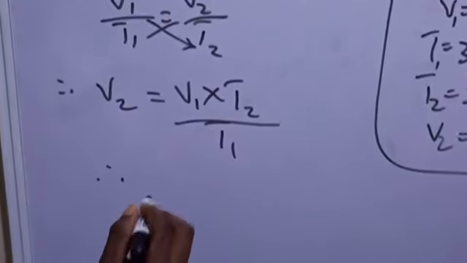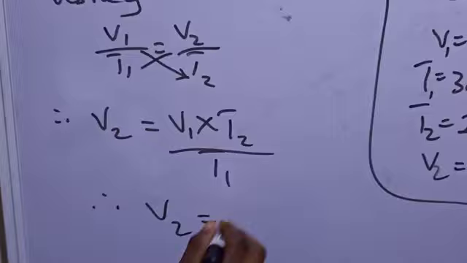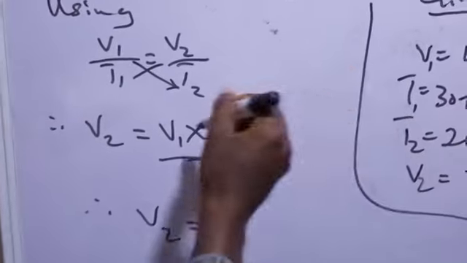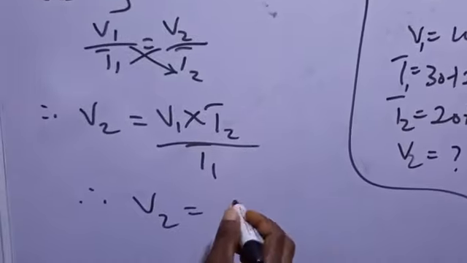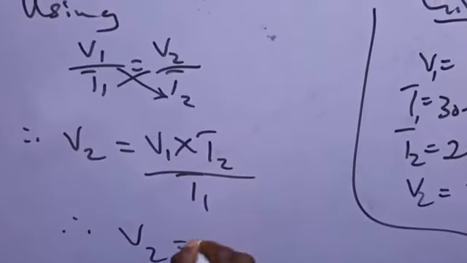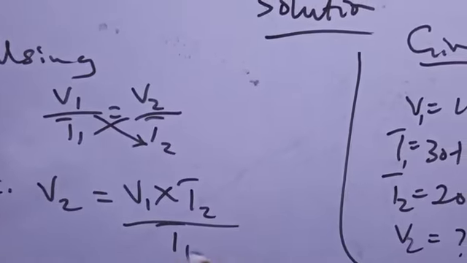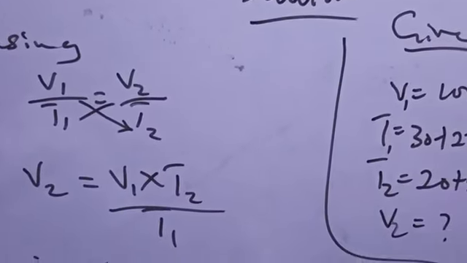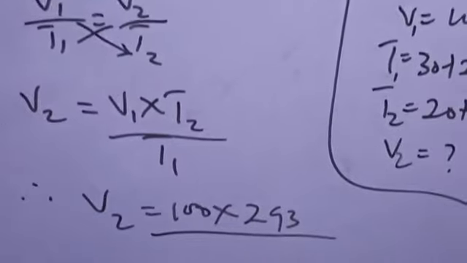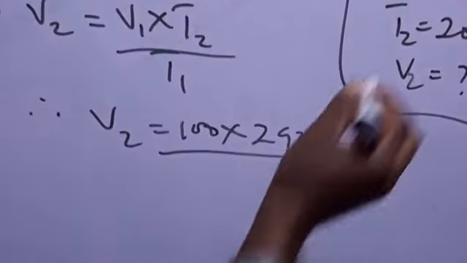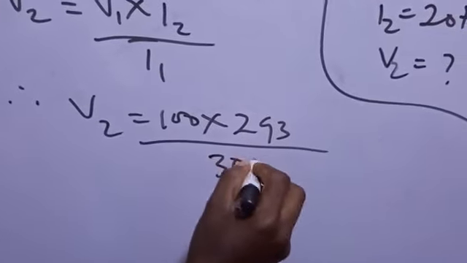Therefore, V2 will be, substituting the value of V1, 100 multiplied by the value of T2, 293, divided by the value of T1, which is 303.